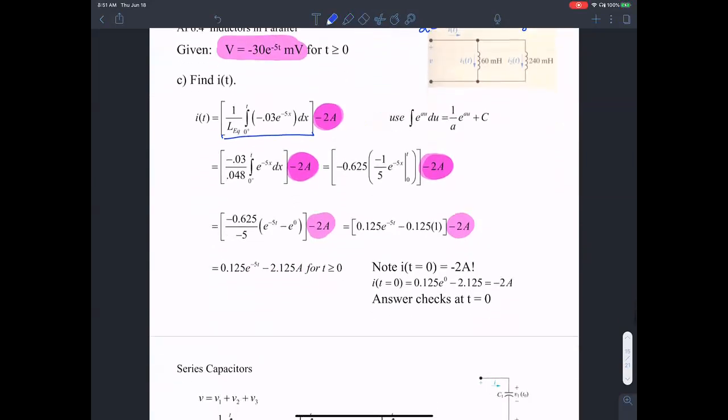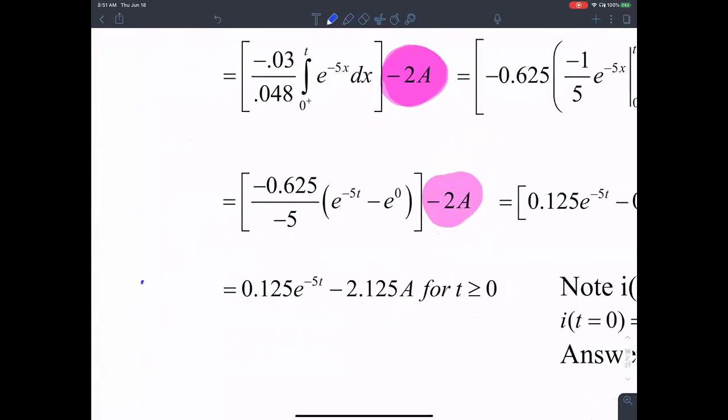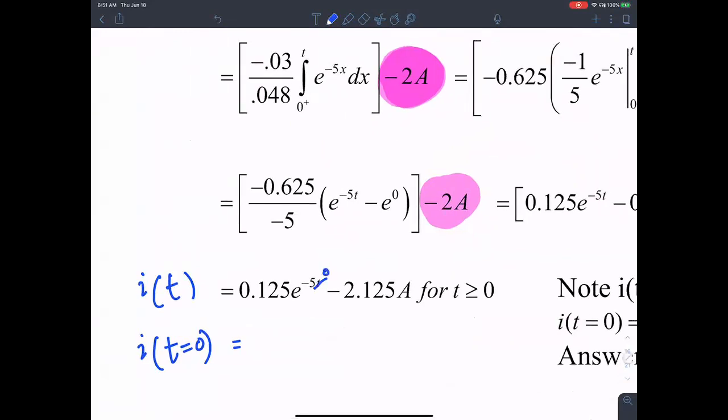In order to verify this, my contention is that this is the current as a function of time. Let me see what happens at time t equals 0. What is the value of current? All you have to do is plug in a value of 0 here. All of this, the power, goes to 0. E to the 0 is 1. So what you have is negative 2.125 plus 0.125.